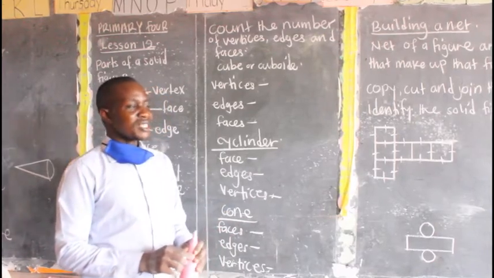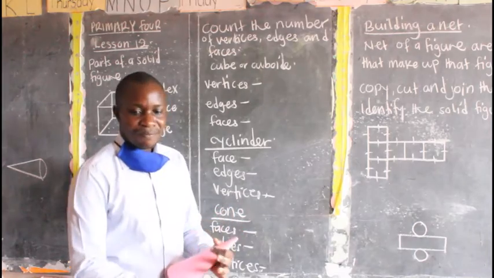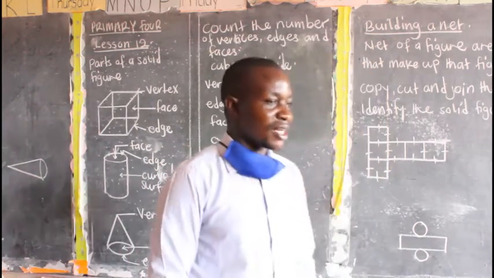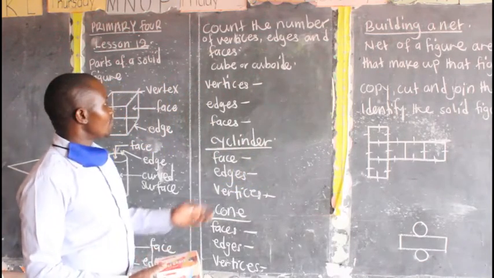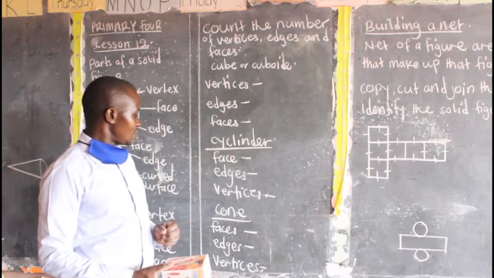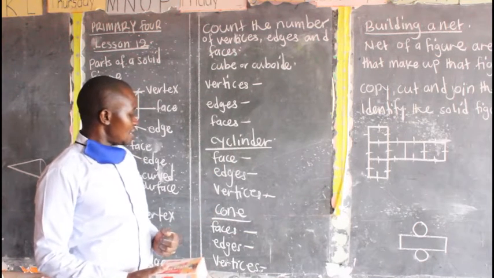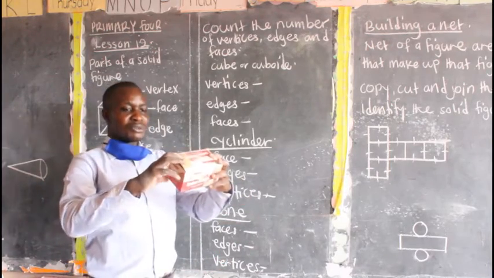Then this takes us to counting the number of vertices, edges and faces on our solid figures. I've got only three. We are going to look at a cylinder, the cuboid and the cone. Now I've started with a cuboid.